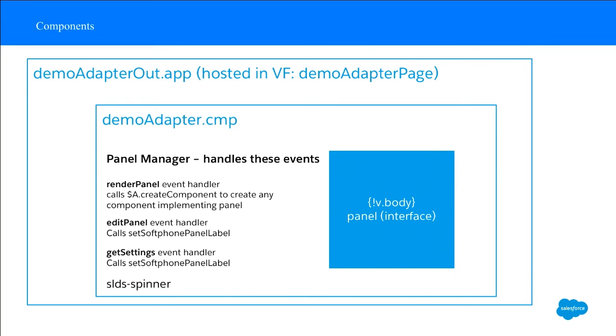The render panel calls $A, which is the Aura framework create component, and this way you can basically create any component that is implementing panel. And edit panel, we call the Open CTI method set softphone panel label. And on get settings, we call the Open CTI method, okay, that's right, get call center settings.